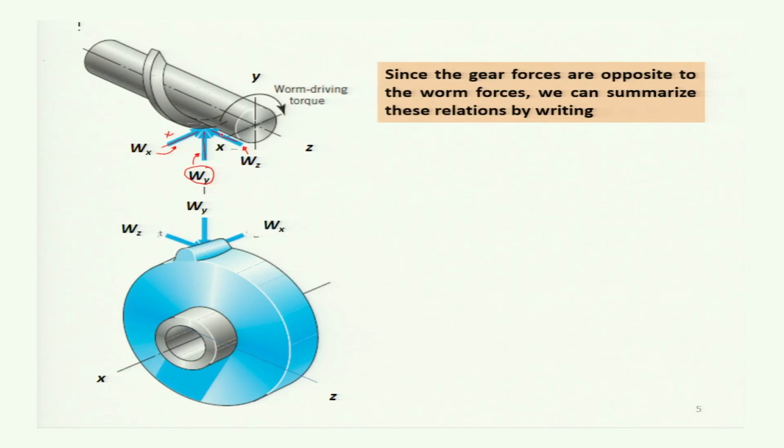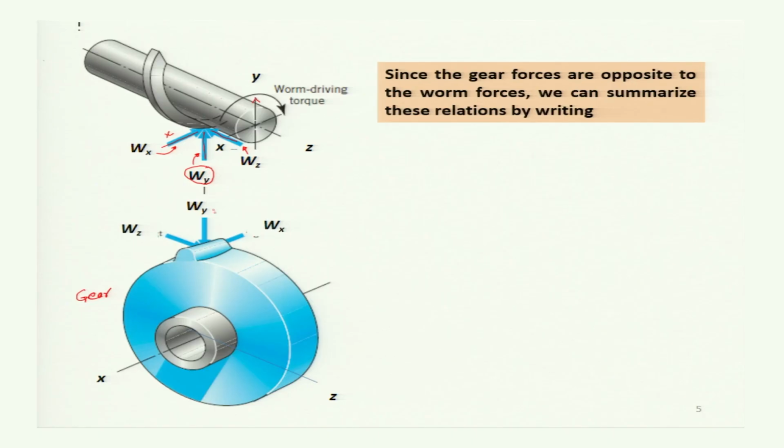Now, an equal and opposite force will act on the gear. So, this Wy on the worm is acting in the positive y direction, and so its reaction, that means in the negative y direction, the force will act on the tooth of the gear. This is your gear, which is meshed with the worm.